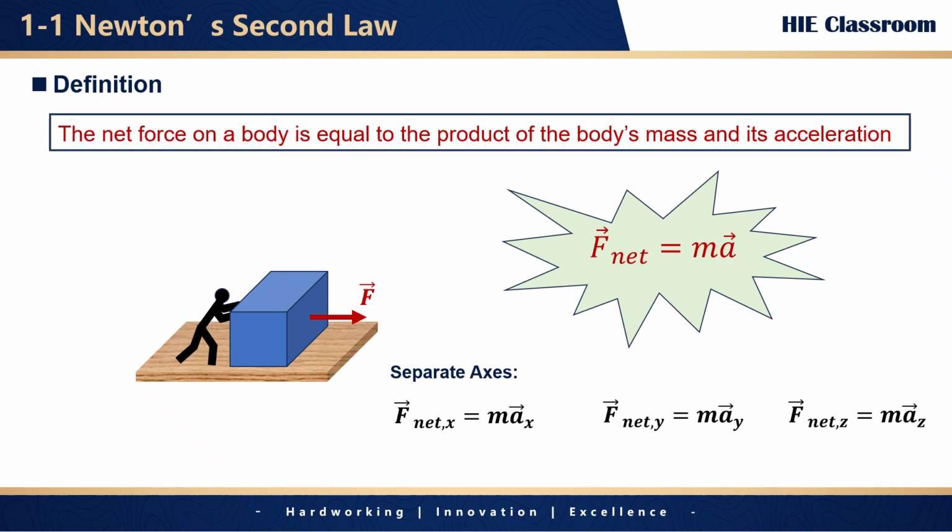For example, the first equation tells us that the sum of all the force components along the x-axis causes the x component ax of the body's acceleration, but causes no acceleration in the y and z directions. Turned around, the acceleration component ax is caused only by the sum of the force components along the x-axis. It is completely unrelated to force components along other axes.